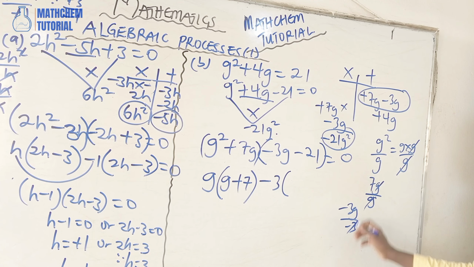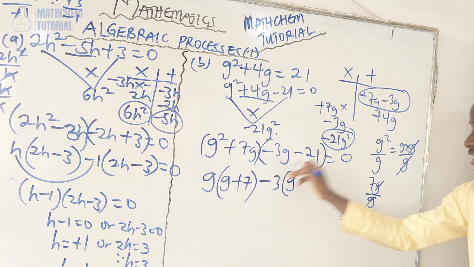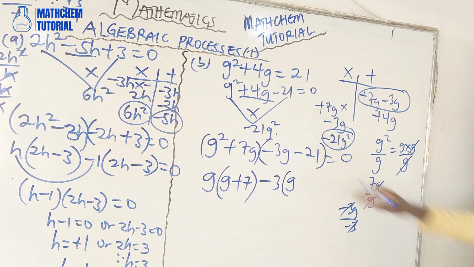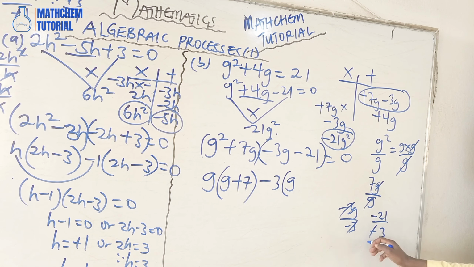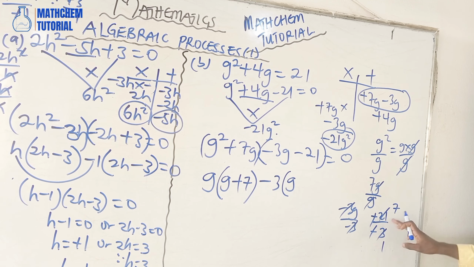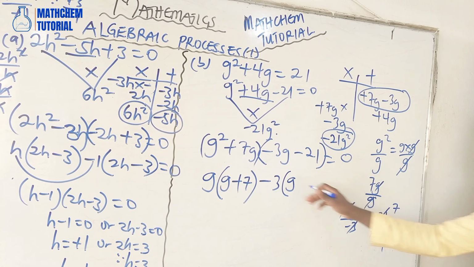If minus 3 cancels minus 3, I'm left with ordinary g. Let me write my g here. And also minus 21 divided by this minus 3. If minus cancels minus, 3 into 3 is 1, 3 into 21 is 7. Remember that minus has already cancelled minus, so I'm left with plus. So plus is going to be here, and this 7 is going to be here. Let me close the bracket.